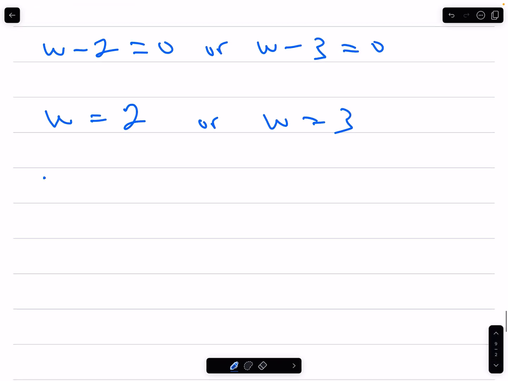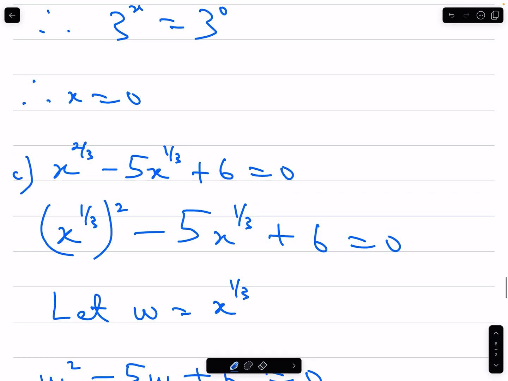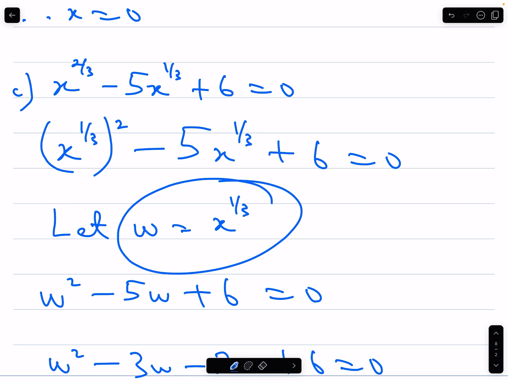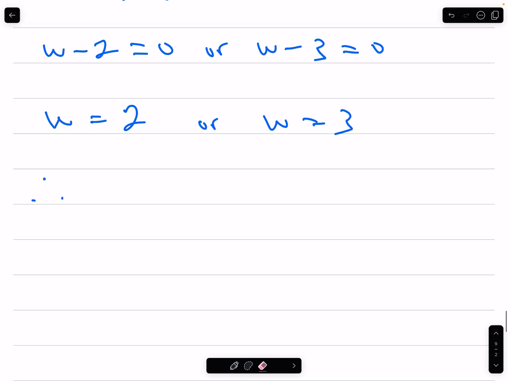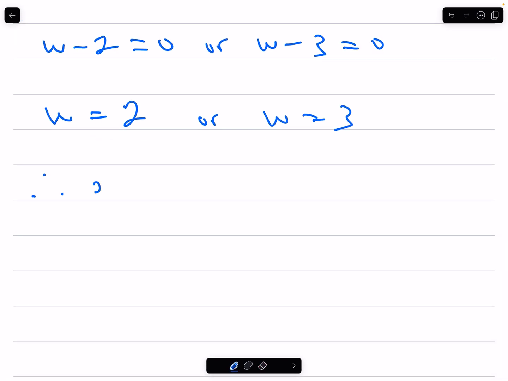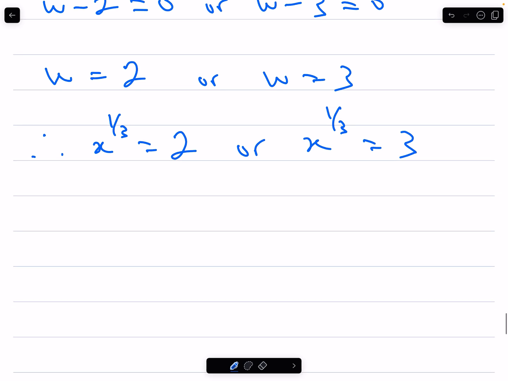And that therefore means, because we know that w is equal to x raised to power 1 over 3, x raised to power 1 over 3 equals 2, or x raised to power 1 over 3 equals 3. Which simply means, what do we now do?